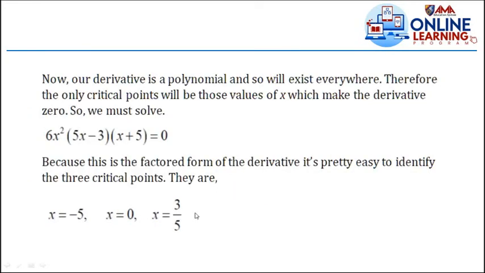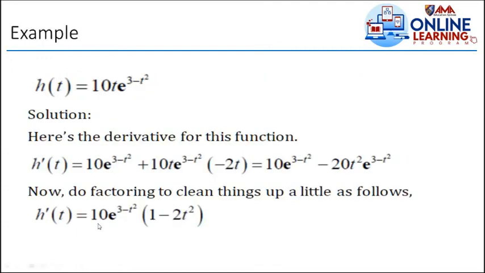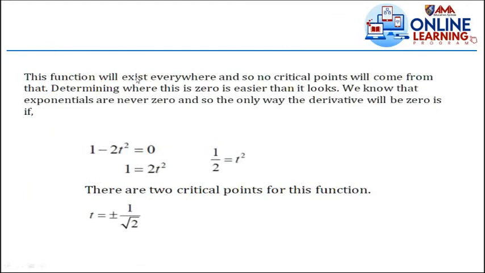So this is what we did, we factored to get our critical points. So that's now the factored form of this equation. This function will exist everywhere, and so no critical points will come from there.